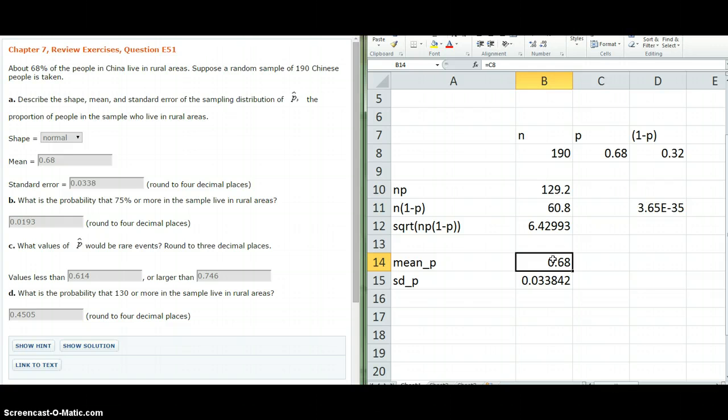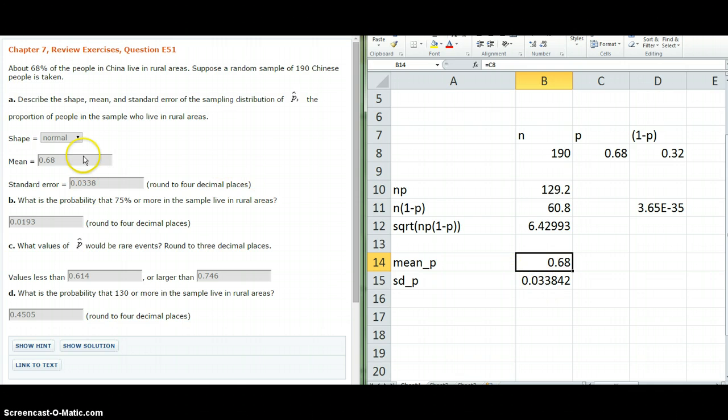So how do I interpret this? Well, if I were to take several different random samples, each with 190 Chinese people, and in each of those samples of 190, I looked at the proportion of people from rural areas, I would expect the mean of those proportions to be 0.68 and to have this standard deviation right here of 0.033.